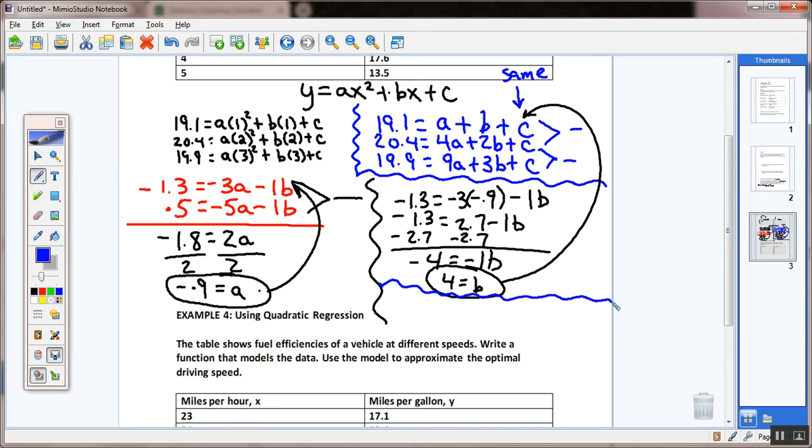This is going to be 19.1. That's this first equation I'm using. That's equal to my A value of -0.9 plus the B value, which is 4, plus C. Okay. What is -0.9 plus 4, kids?